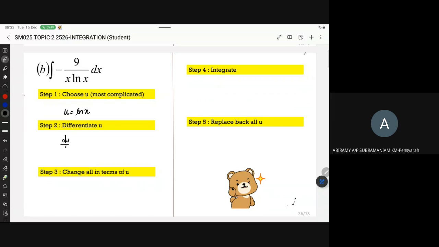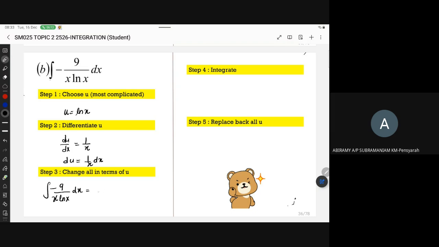Differentiate ln x, and we will get 1 over x. Then please find out what du is. du is 1 over x dx. Now we need to change everything in terms of u, which means the integral of negative 9 over x ln x dx.